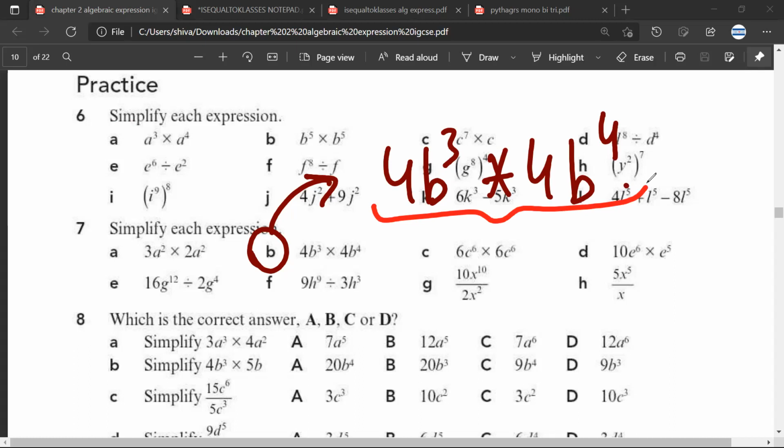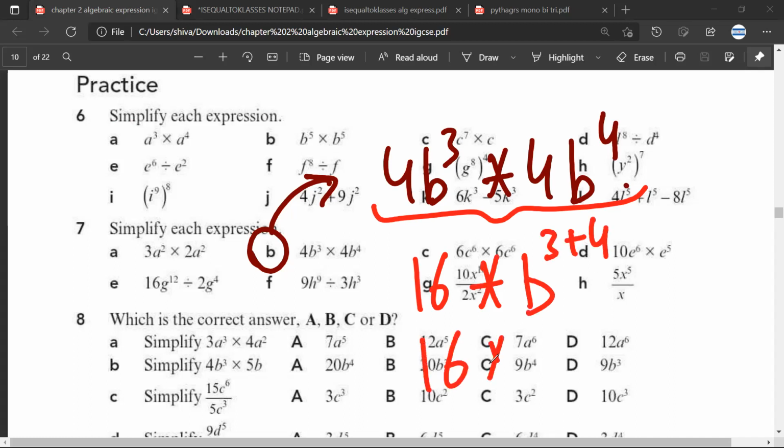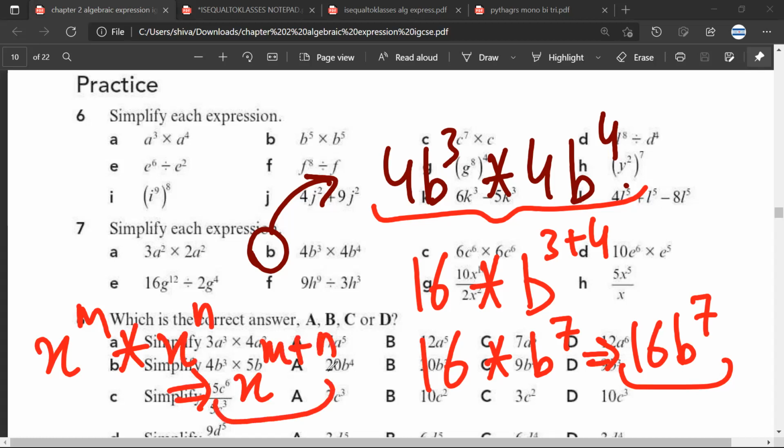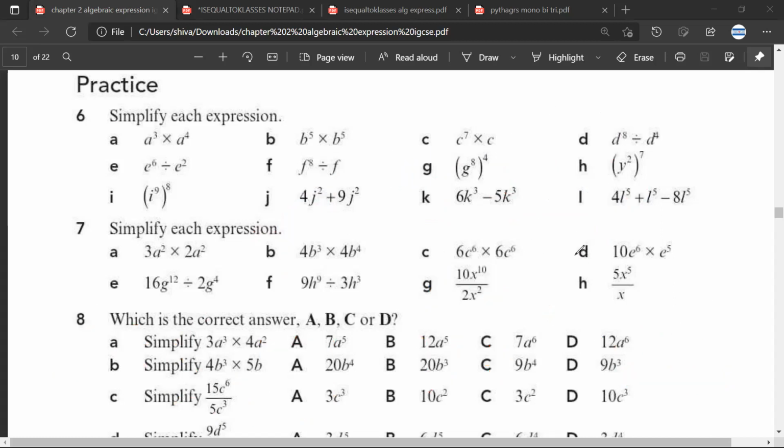So 16b raised to power 3 plus, yes, 16b. Mr. Sarthak, any doubt? No, sir. सर एक्सपोनेंट का रूल ही लग रहा है, कुछ नई चीज नहीं चल रही, आप कंफ्यूज मत होइए. Mr. Aryaman, any doubt? No, sir. Exponents ही चल रहा है.